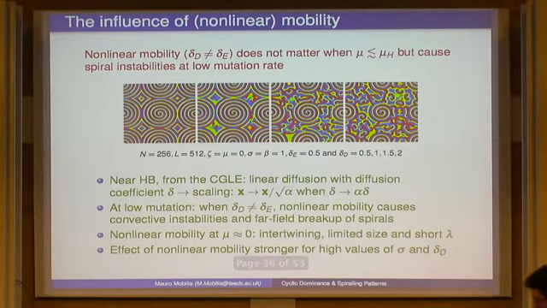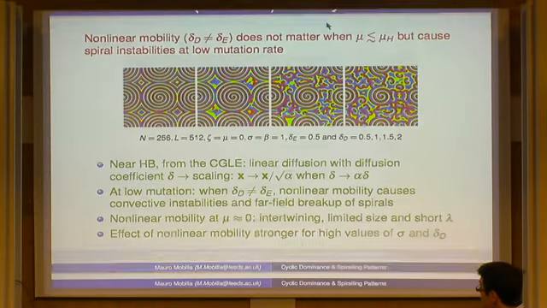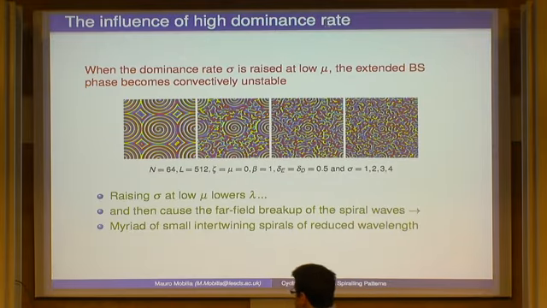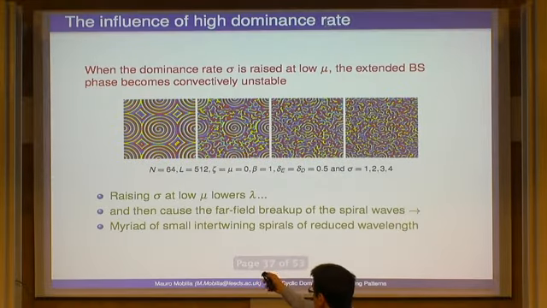And there is another surprising thing that occurs when we increase this sigma. So sigma is this dominance rate. And I told you that away from the Hopf bifurcation, the previous annihilation phase is replaced by a well-behaved extended bound state phase. This is shown here.